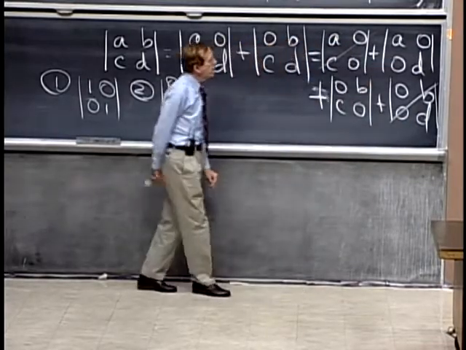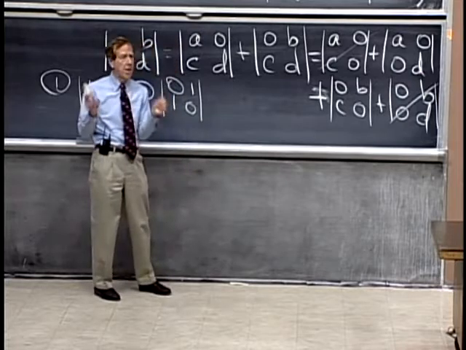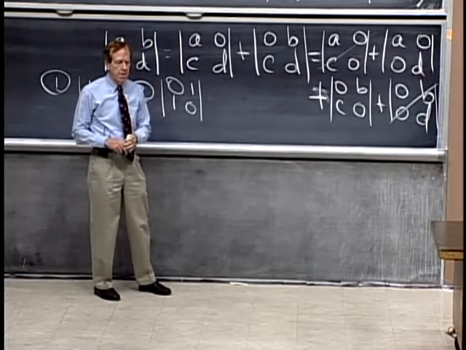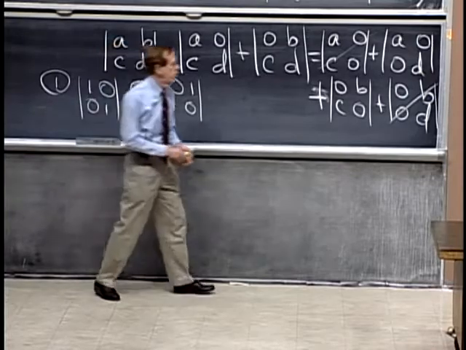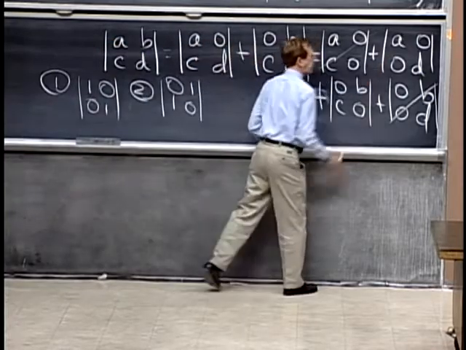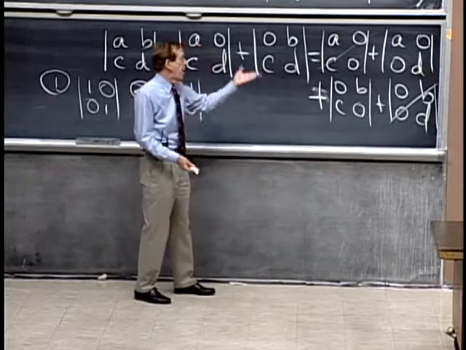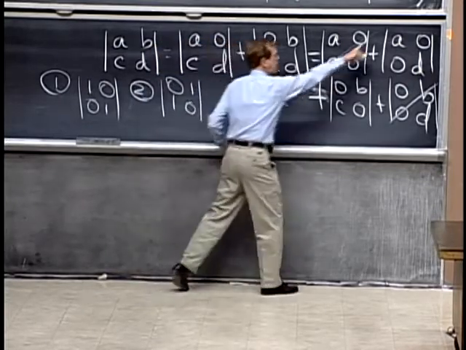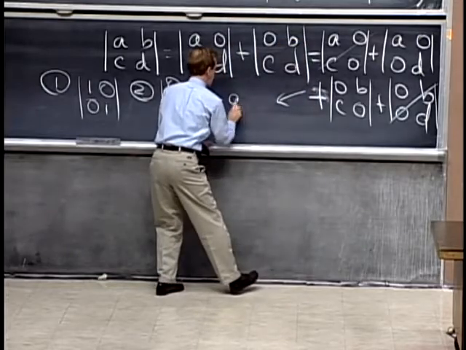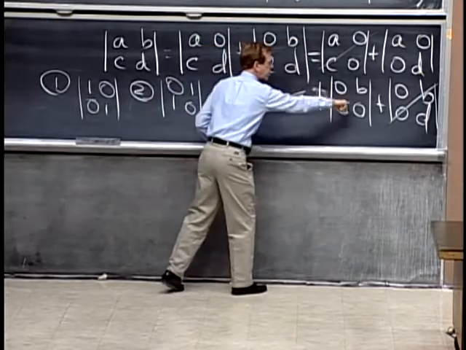Now, how do I know its determinant? Following the rules, one of the properties that we got to was the determinant of that diagonal matrix. So I'm finally getting that this determinant is ad. And this determinant is what?